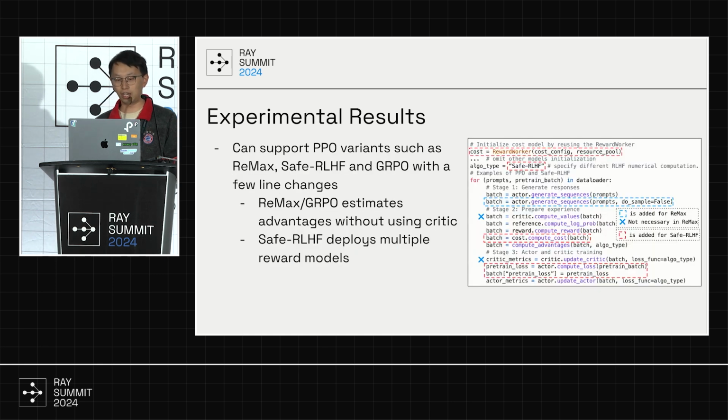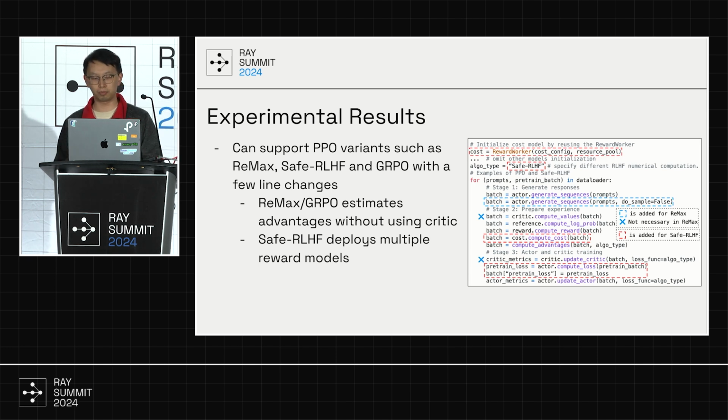Okay, so just to give you some experimental results. By using these APIs, we can easily implement a bunch of PPO variants, such as ReMax, Safe-RLHF, or Group Relative Policy Optimization, with a few lines of change. For GRPO and ReMax, there's no critic, and they estimate the advantage in a different way, so we can simply remove the critic and change how the advantage is computed.